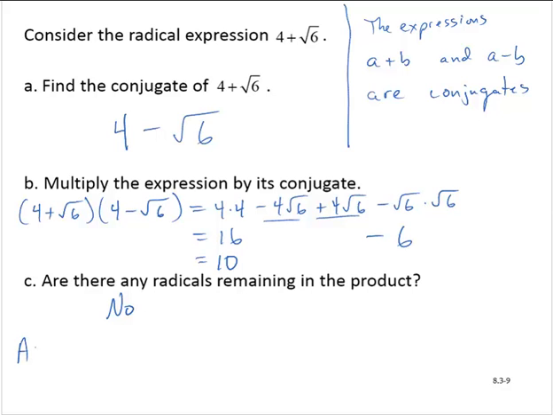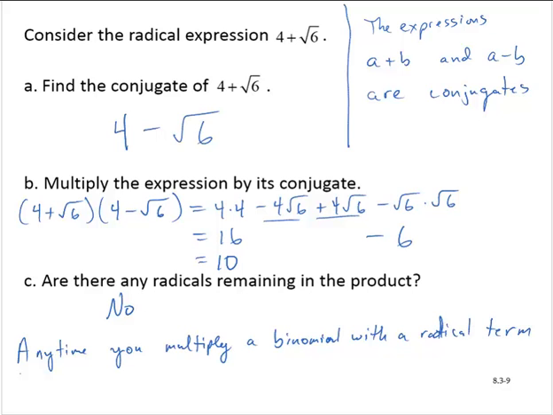And in fact, anytime you multiply a binomial with a radical term by its conjugate, the product will not have any radicals.